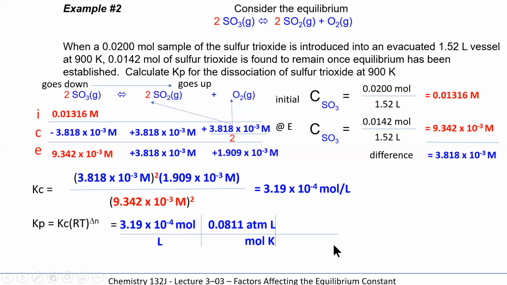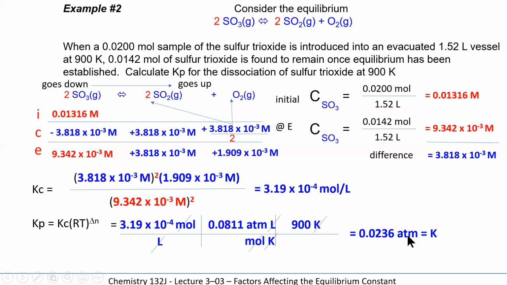We need to use atmosphere liters per mole Kelvin. We're going to use that particular value for R. And the temperature, of course, we were told was 900 Kelvin. So when we multiply that through and cancel our units, the moles cancel, the liters cancel, the kelvins cancel, we're left with our answer in atmospheres.